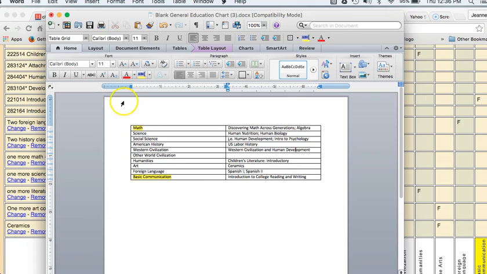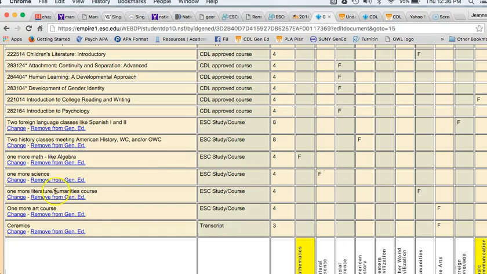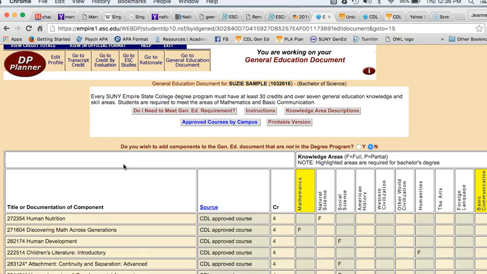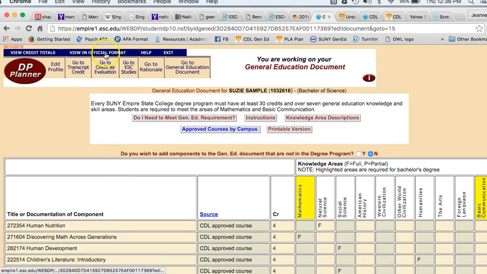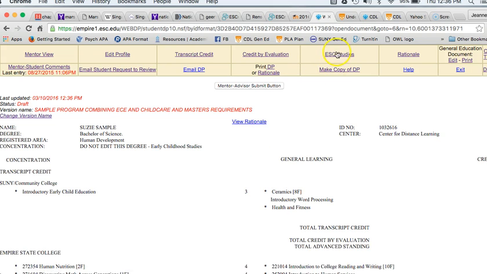All right, now the next chart that we go to, let me just do a couple more things with general education. So let's say I give you a choice like I did this student, and I said, give me another science, give me another math class, and you need to add that in. You go back to View in Official Format up here, and you click on ESC Studies.